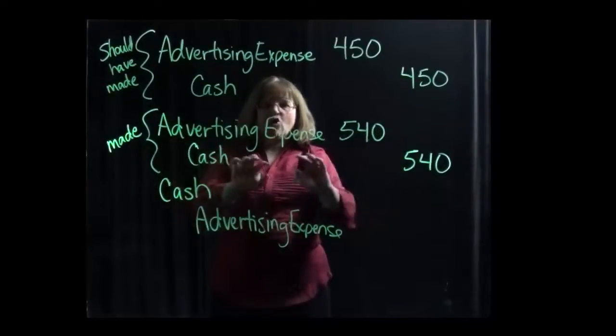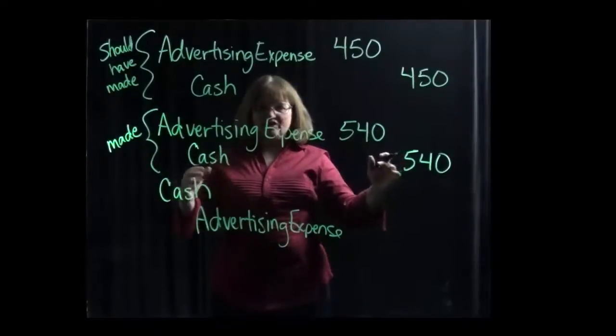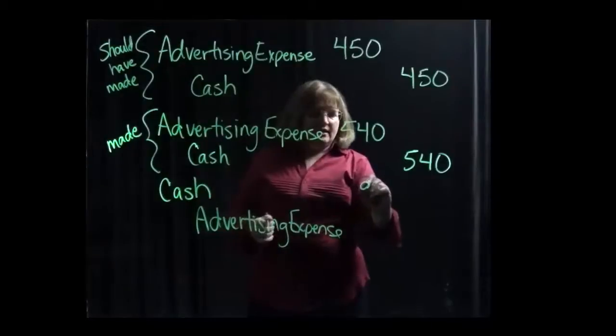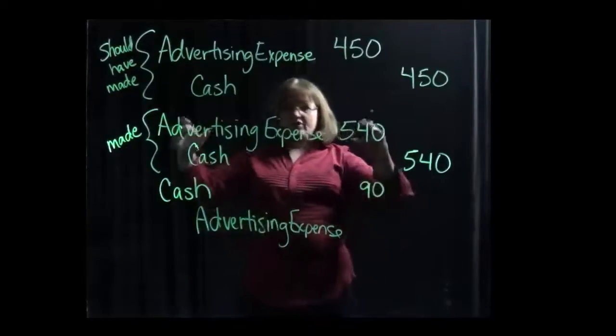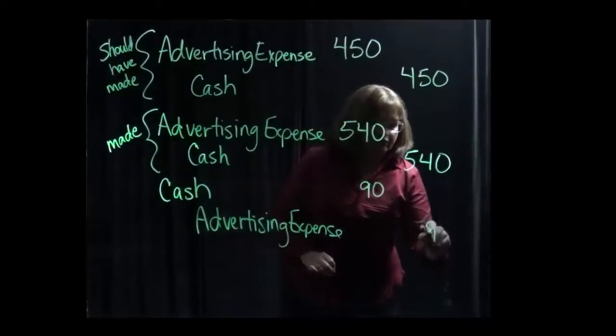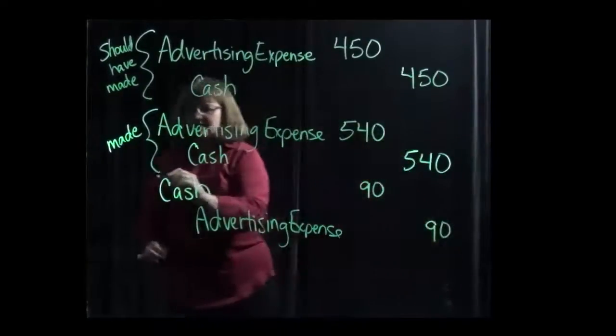In other words, we were overstating the decrease in cash, the amount by which cash would decrease. And so we need to lessen that, and in doing so, increasing our cash back up to the correct amount and decreasing the amount that we're recording as advertising expense.